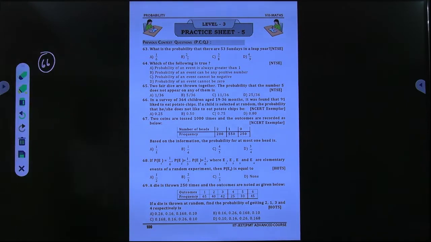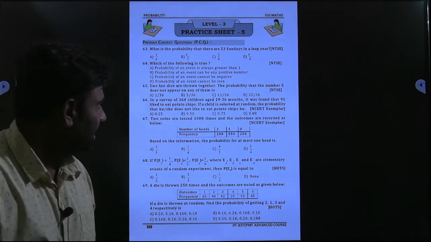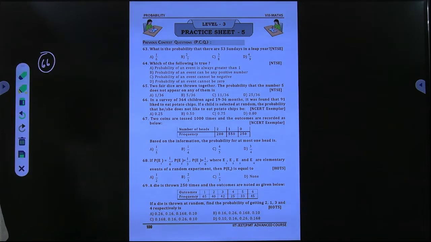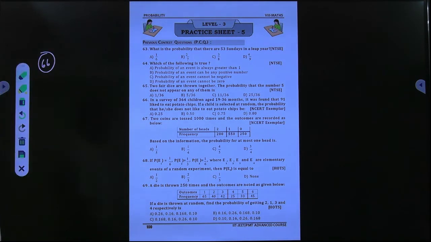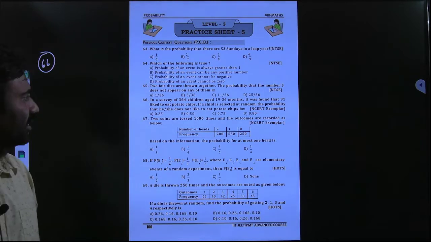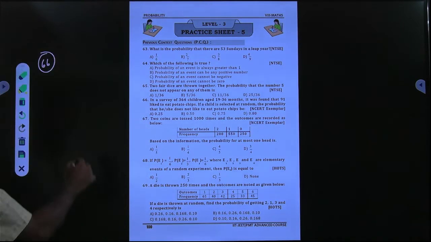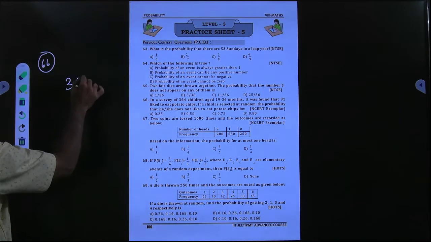In a survey of 364 children aged 19 to 36 months, it was found that 91 liked to eat potato chips. If a child is selected at random, the probability that he or she does not like to eat potato chips is dash. There are 364 children in total.